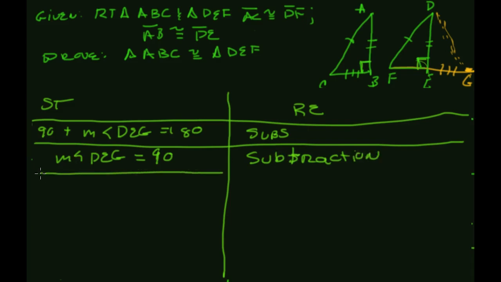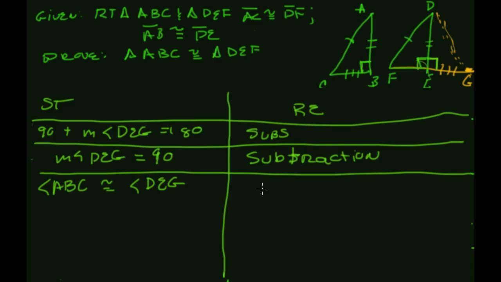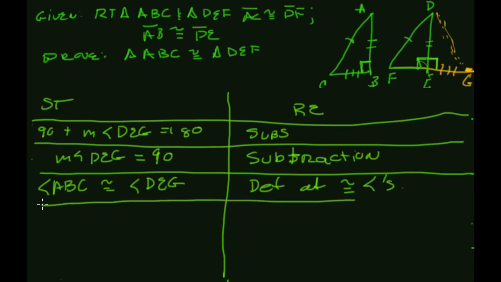But earlier I said that ABC is 90, so the measure of angle ABC and DEG have to be the same size. That tells me that angle ABC is congruent to angle DEG. If they're both equal to 90, they have to be congruent to each other. That's the definition of congruent angles: two angles that have the same measure. They both have the measure of 90.